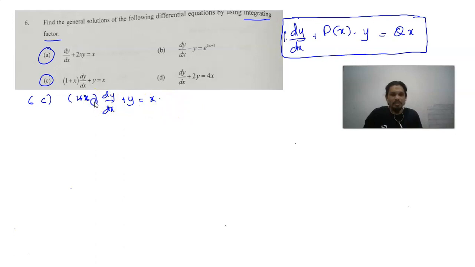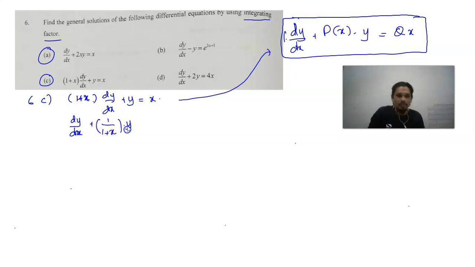Okay, we compare this with this form, where the coefficient of dy/dx equals 1, but for this one it is 1 plus x, meaning we are going to divide every single term by 1 plus x, and you come out with dy/dx plus 1 over 1 plus x multiplied with y equals x divided by 1 plus x.